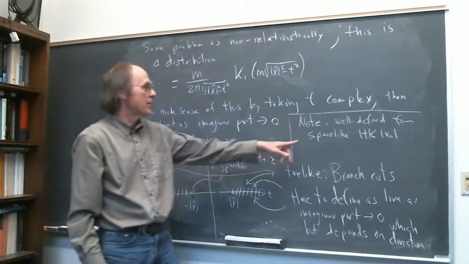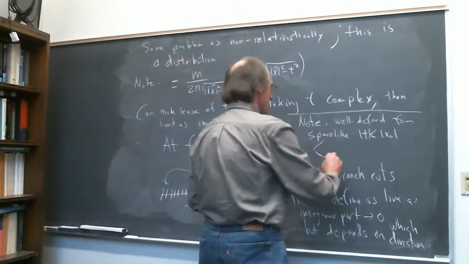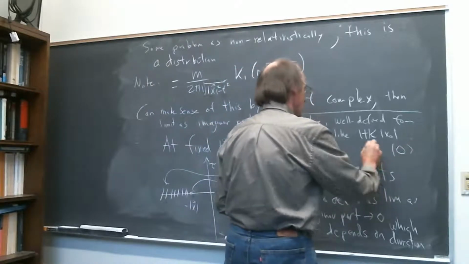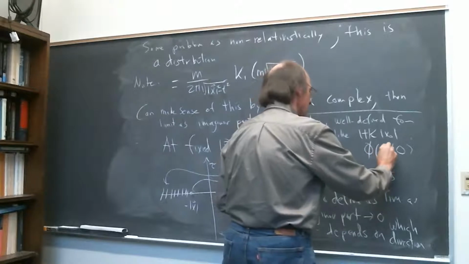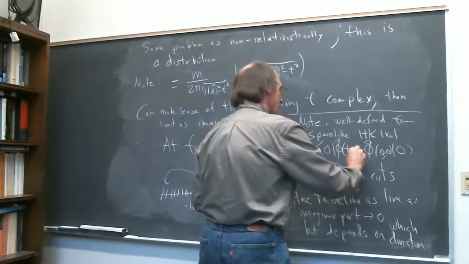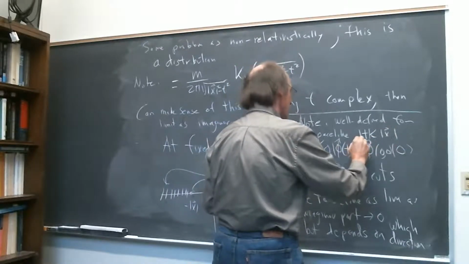And this is actually bothersome, because what you're doing, remember, is phi(0,0), phi(t, x vector).